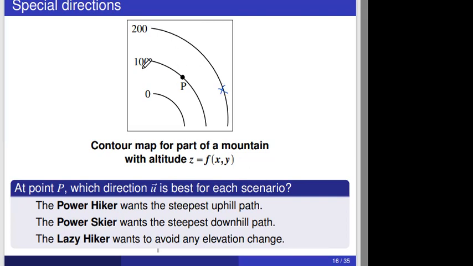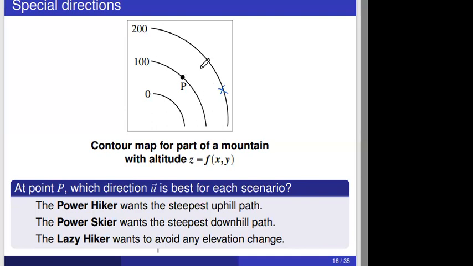So this is called your level curve. This is also another level, where the height is 100. So if you have a lazy hiker who wants to avoid elevation change, he has to take this route.